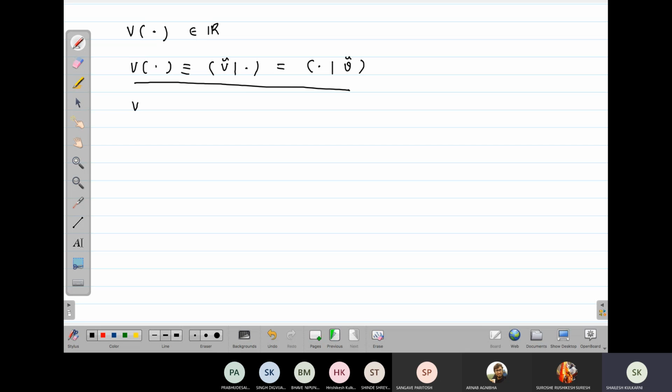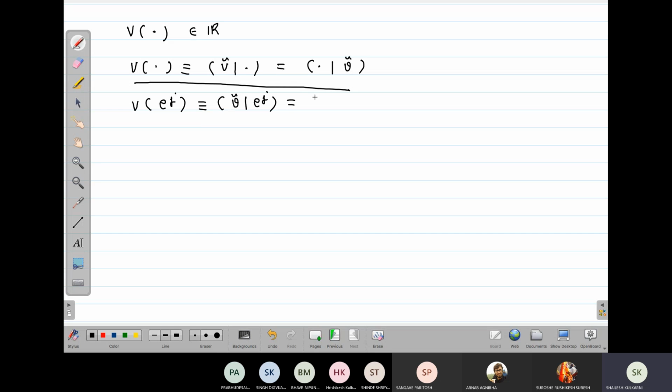Now V acting on EJ. This is a basis dual vector, the jth basis vector in dual space. This by definition is the inner product of the dual vector with EJ.